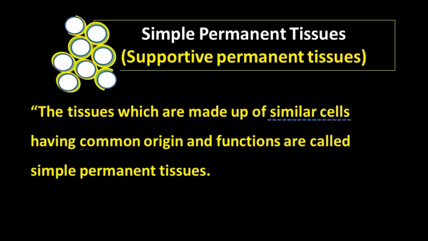ये टिश्यूज किस तरह के होते हैं? They are similar in shape, their origin is common and their function is also common. This type of tissue is known as a simple permanent tissue. The tissues which are made up of similar cells having common origin and functions are called simple permanent tissue.